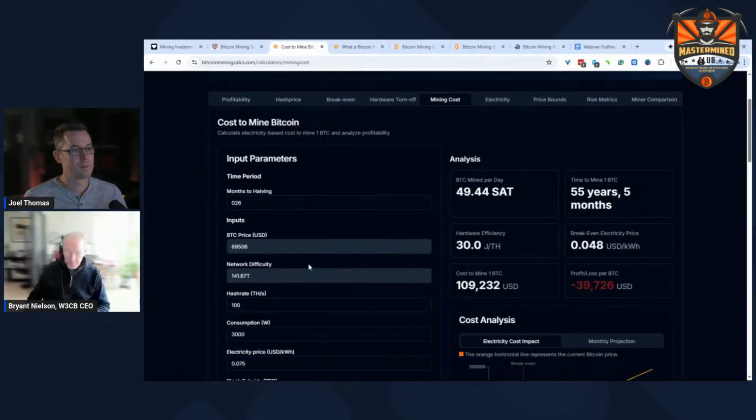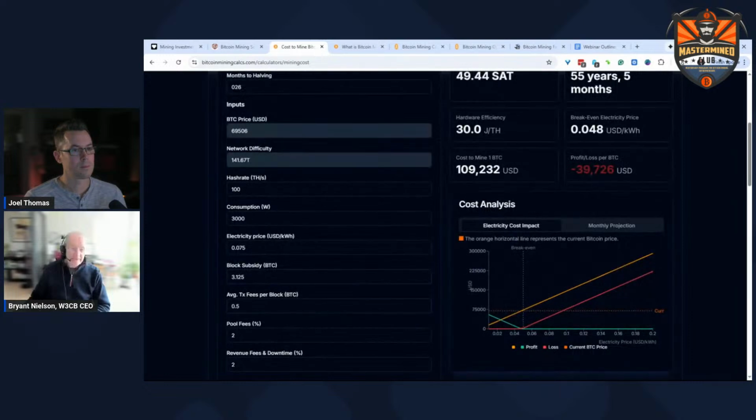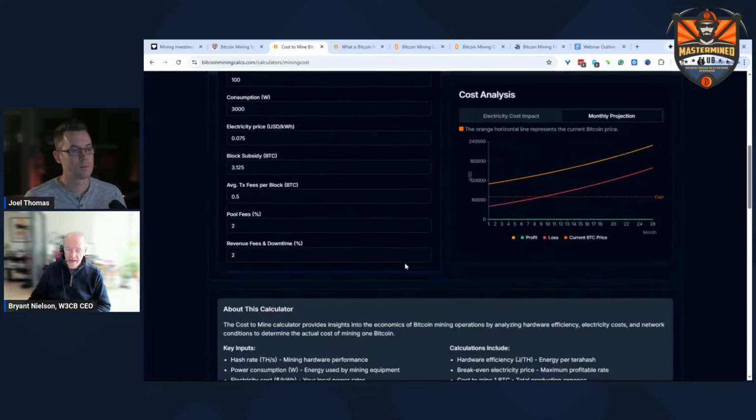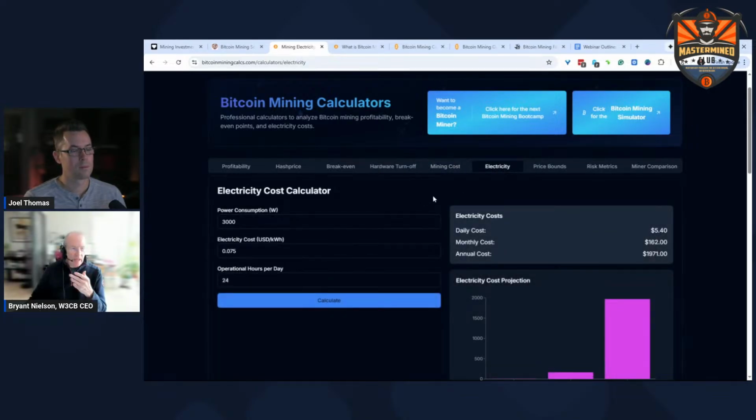But where we are in terms of pricing, the difficulty, the hash rate, and the power consumption, it allows you to see both the electrical cost impact and your monthly projections. Again, with just one machine, it might take you 55 years and 5 months from the probability standpoint.